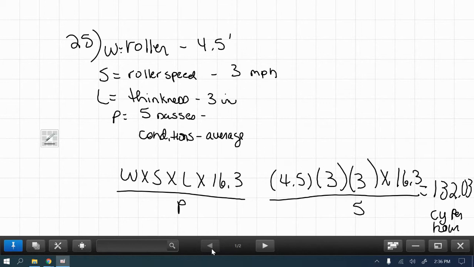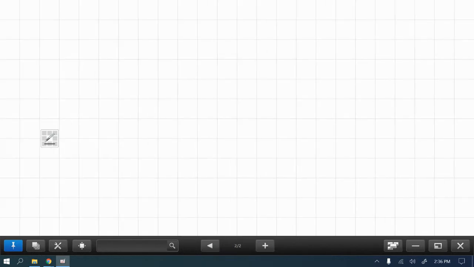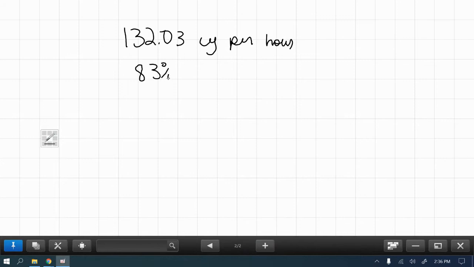So I've got cubic yards per hour, and I'm going to stay with what I have right now for just a minute. 132.03, and average is 83%.